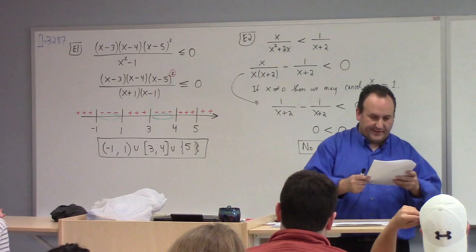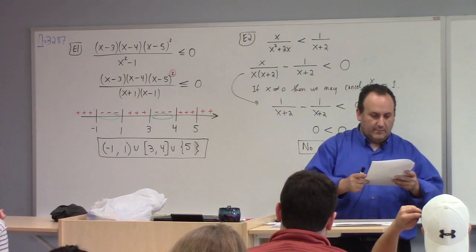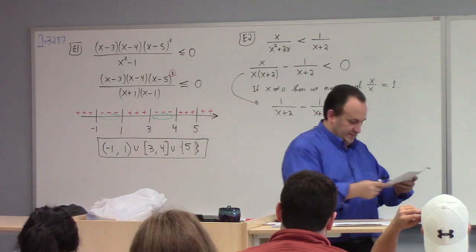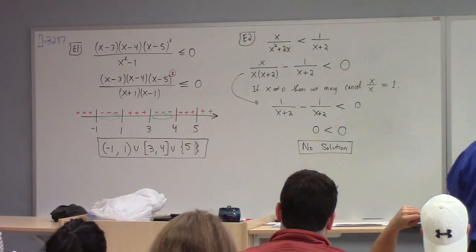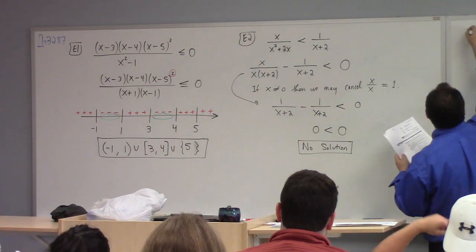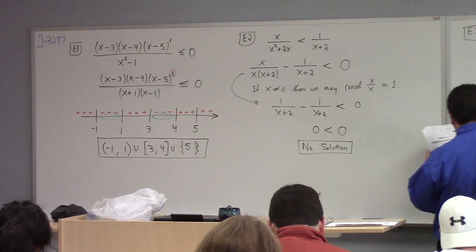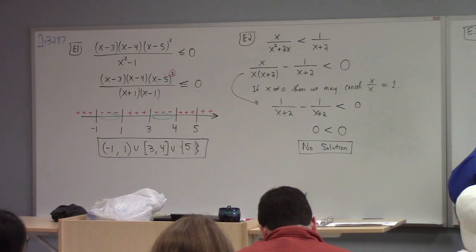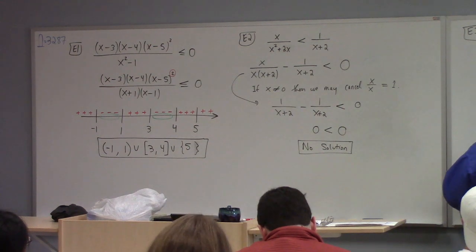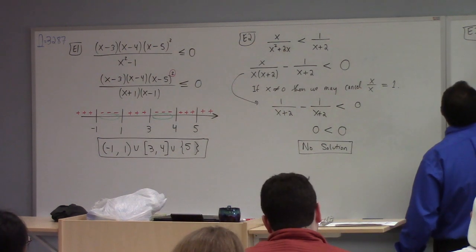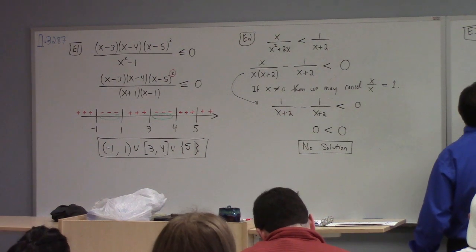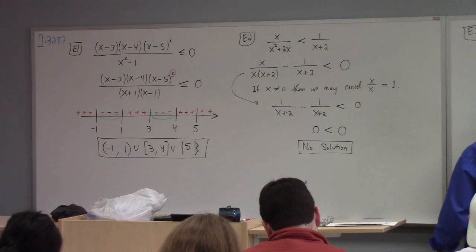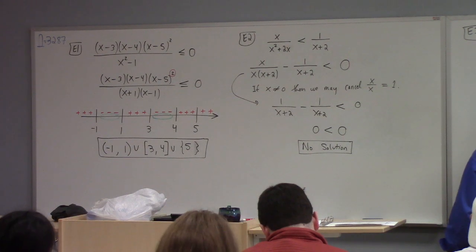Give me a second here. Let's see here. Now, how about this? 3 plus 1 over x minus 2 equals x.